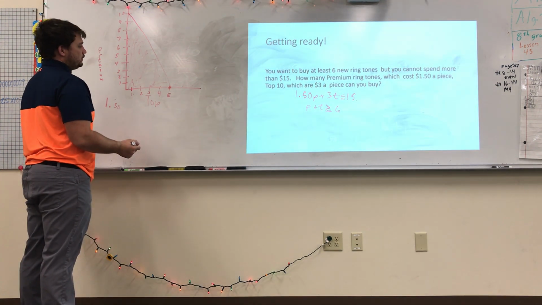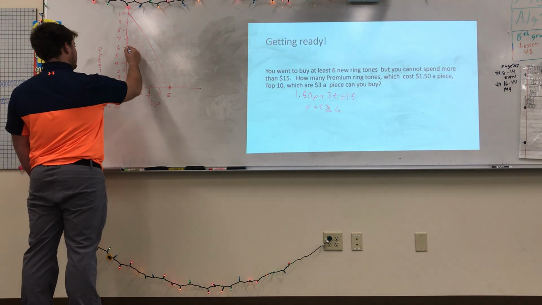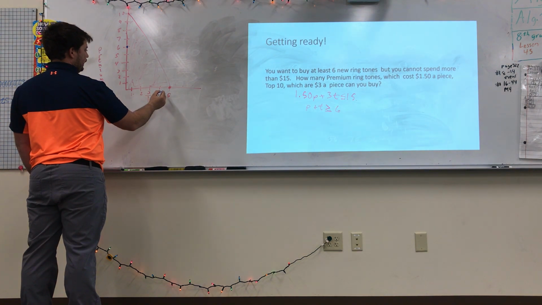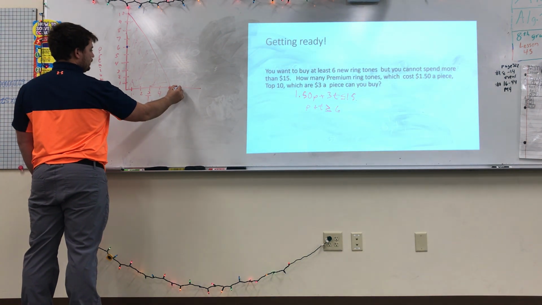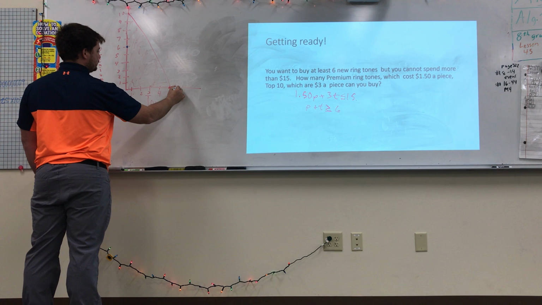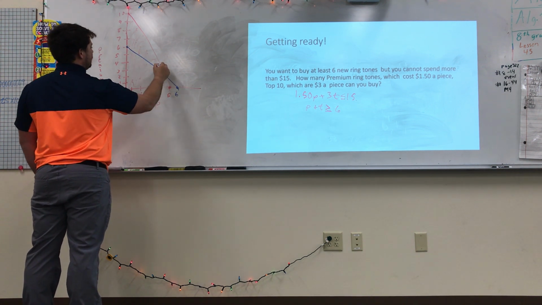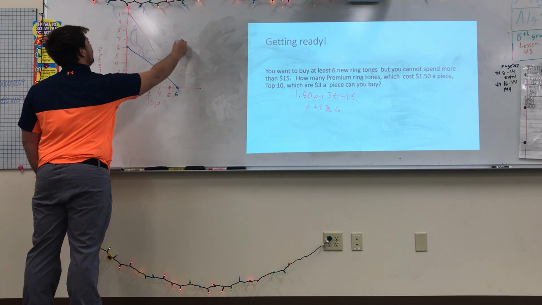Well, you could have 0, so it could be right here, and it could be right here at 6. Okay, but it must be greater than, so we're going to shade above.